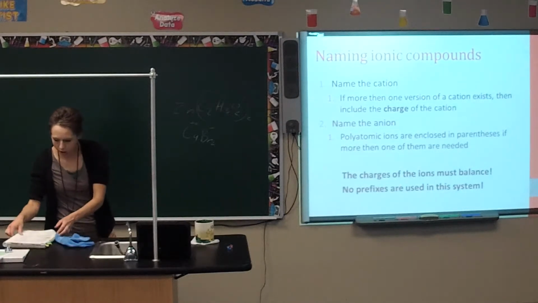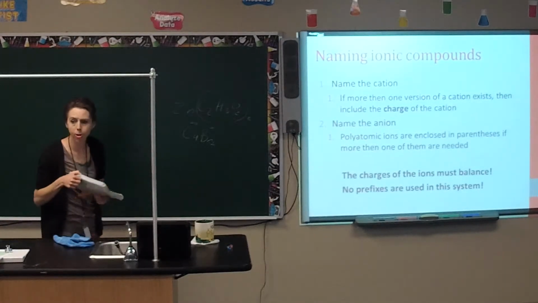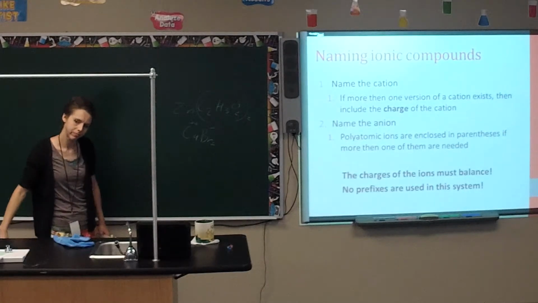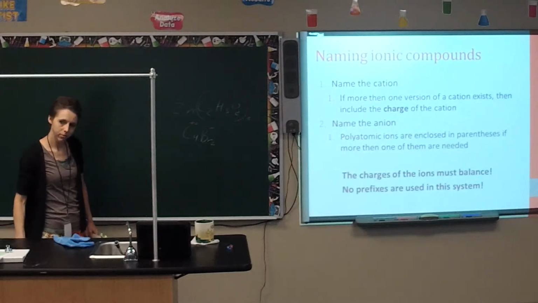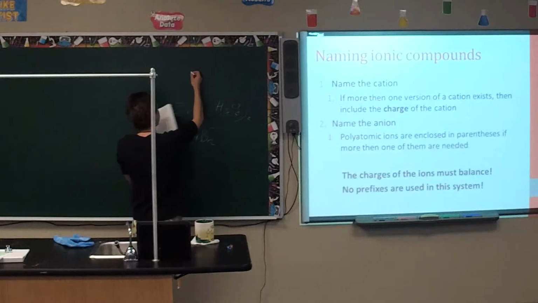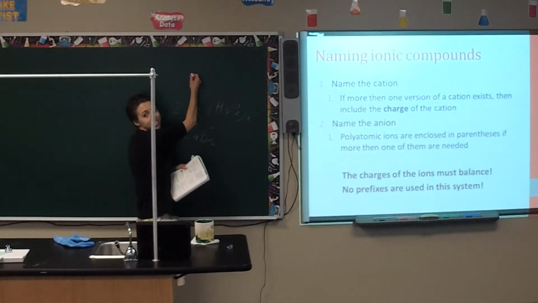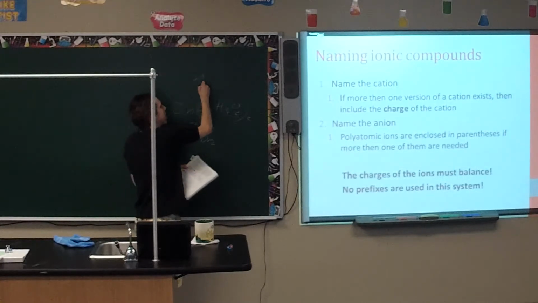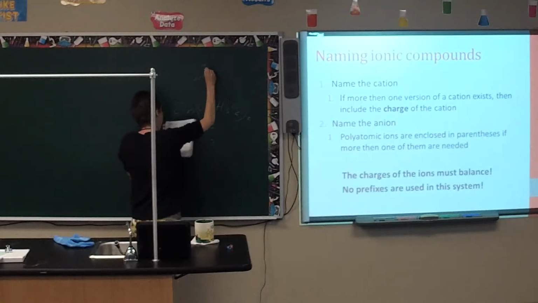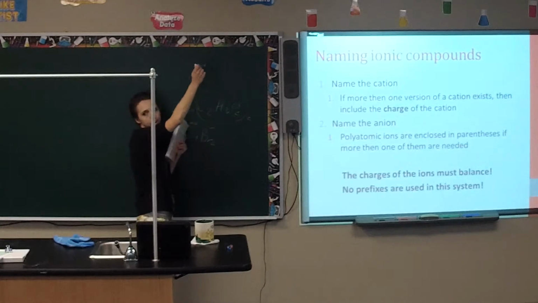Alright, let's look at the next one. Tin(IV) oxide. If it says tin(IV), what does that mean? It's a positive charge of 4. Good job. You remember what the symbol is for tin? Sn. So it has positive 4, and then oxide. What's oxide? O, so oxygen.